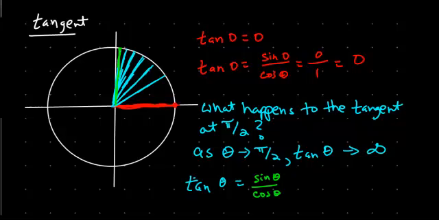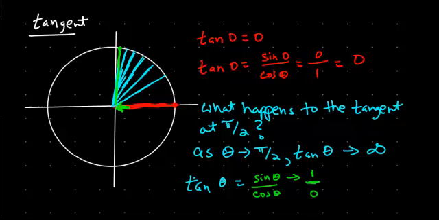Okay? Well, what's happening to the sine theta as theta gets close to pi over 2? We see this thing is getting closer and closer to 1. The sine theta is going to 1, and the cosine theta is right here. It's getting closer and closer to 0.